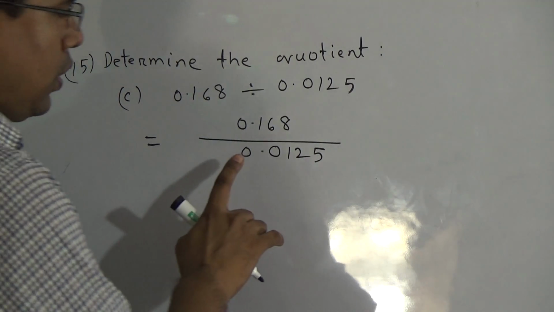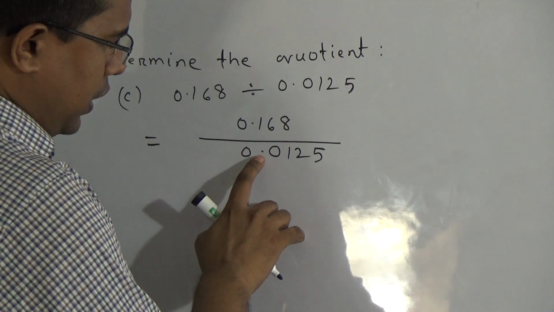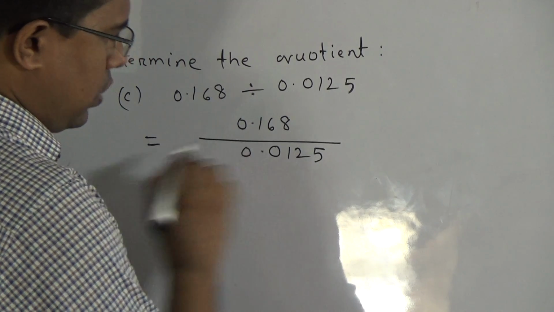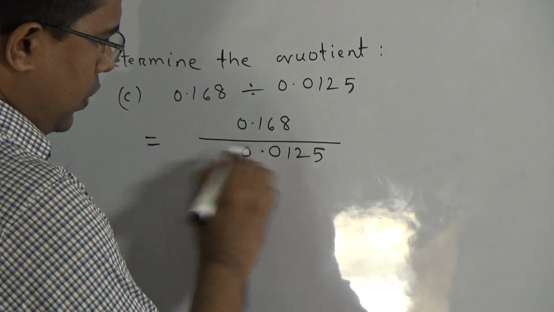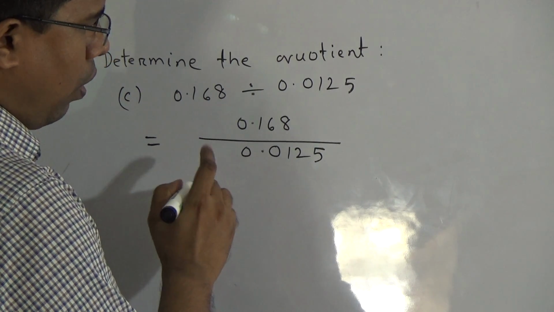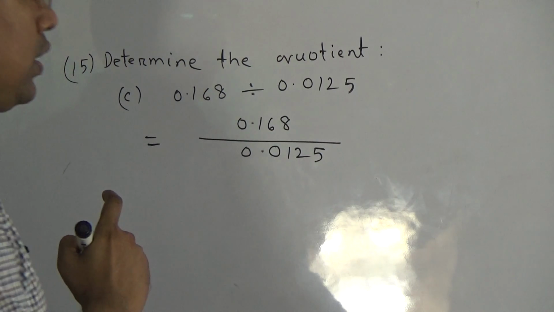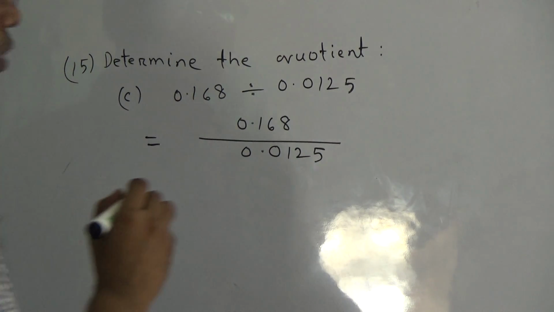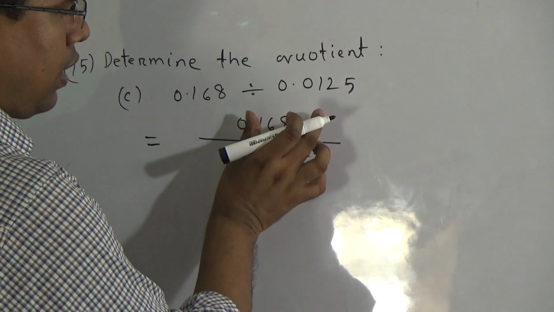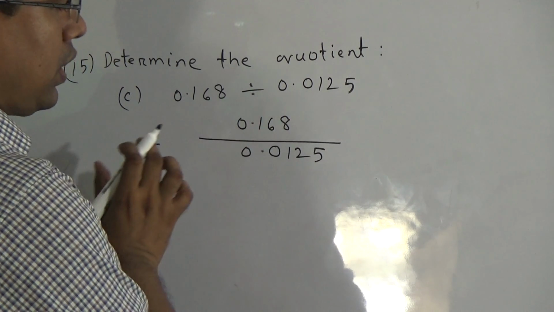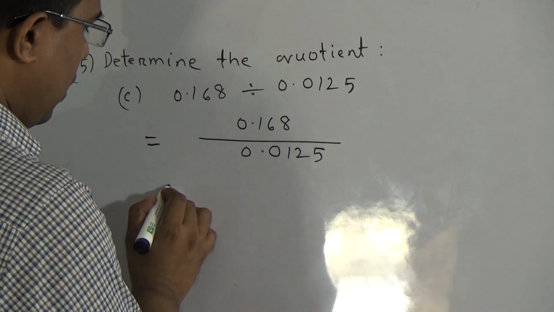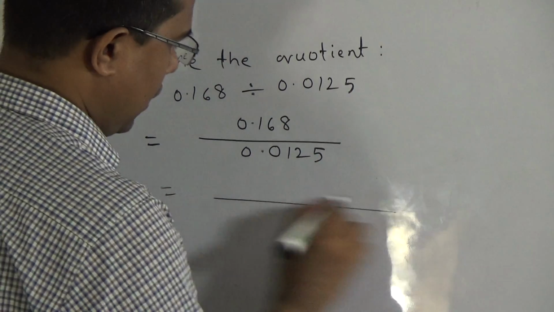Since for removing the decimal point we have to multiply the denominator by 10,000, for keeping the same value we also have to multiply the numerator by 10,000. Then these two decimal points will be removed.